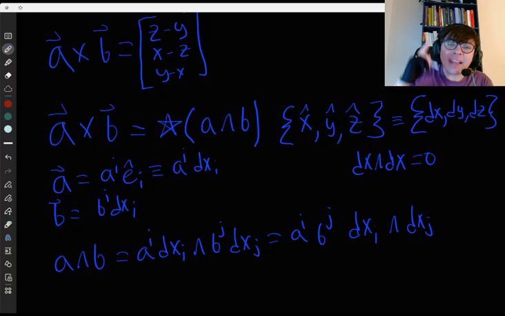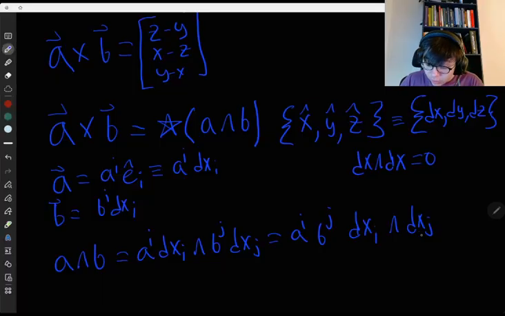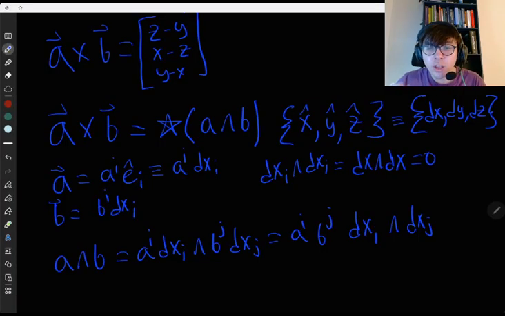The anti-symmetric property of the wedge product. So in this notation down here, dxi wedge dxi is equal to 0. So the only ones I need to consider are when i and j are not equal to each other.